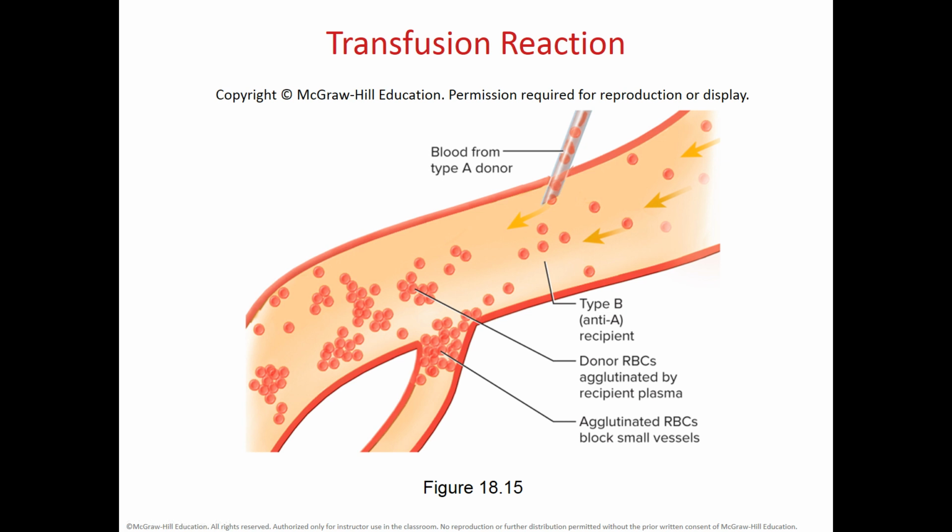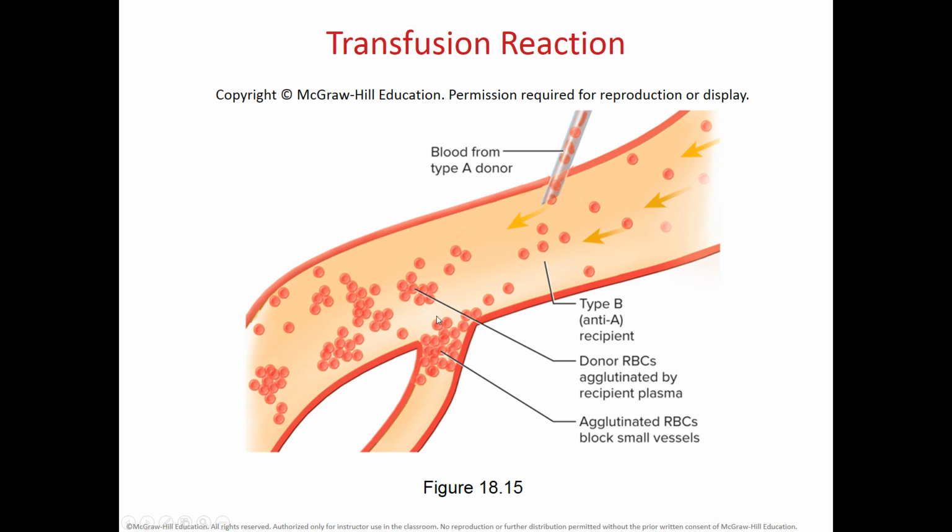So this is to show you what happens with a transfusion reaction. In this case, you have a type B recipient. So the person has B type blood. And through a mismatch, the person received type A blood.